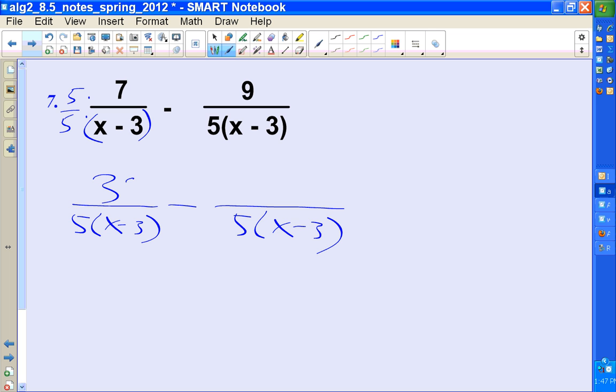So you're going to have 35, and we don't do anything here. So when you subtract, what do we get? 26 over 5 times x minus 3. Leave your denominator factored. Do not multiply the 5 into this x minus 3.